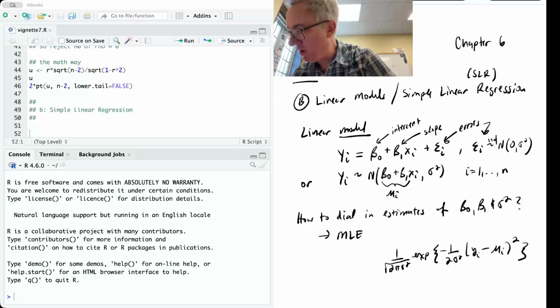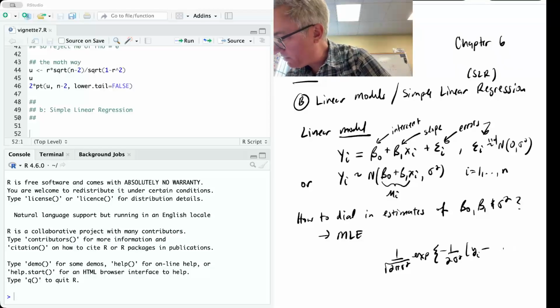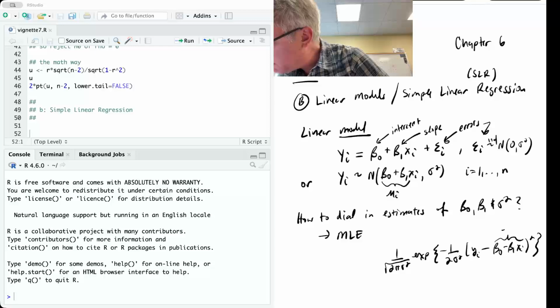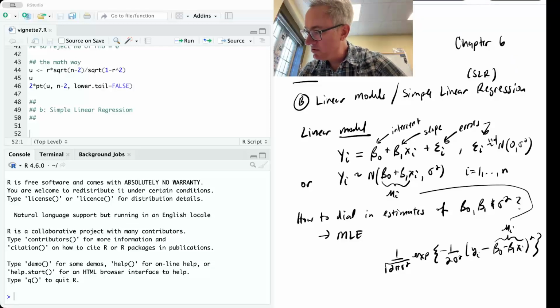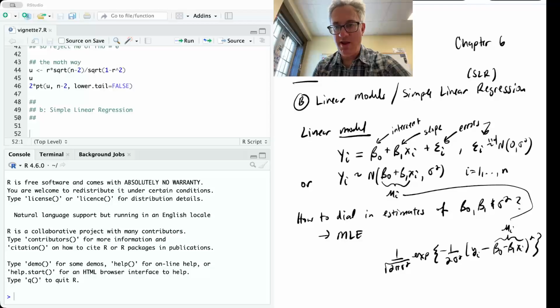And I said mu i is a linear equation. So actually, if I correct all this to write in my beta naught minus beta 1 xi squared, then I've got this, that's ugly, this mu i appearing here to make a connection to the mu i there.